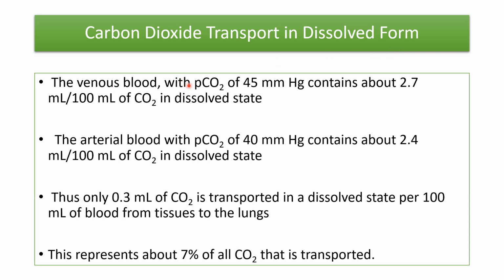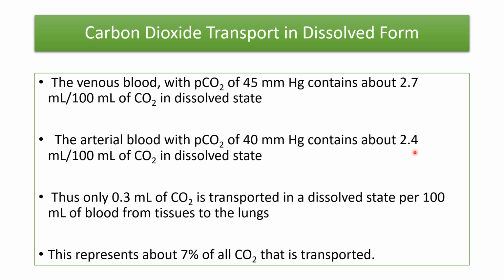A very small portion of carbon dioxide is transported in dissolved form to the lungs. The venous blood, with a partial pressure of carbon dioxide around 45 mmHg, contains 2.7 milliliters per 100 ml of carbon dioxide in dissolved state, while the arterial blood with a partial pressure of 40 mmHg contains 2.4 milliliters per 100 ml.